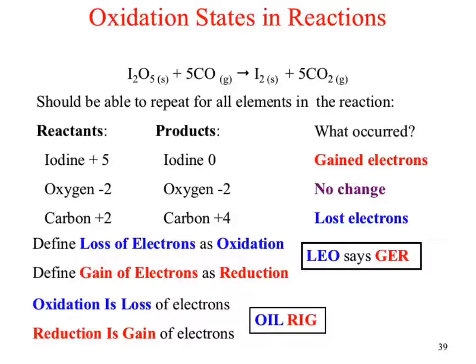Every single one. I hate to ask you this, but can you show how carbon becomes like +4 on the product side? Is it like showing the math? Yes. We all good on what's up there, though?